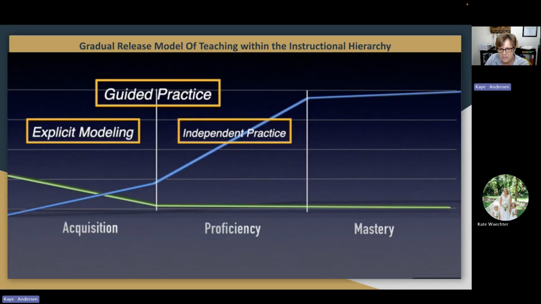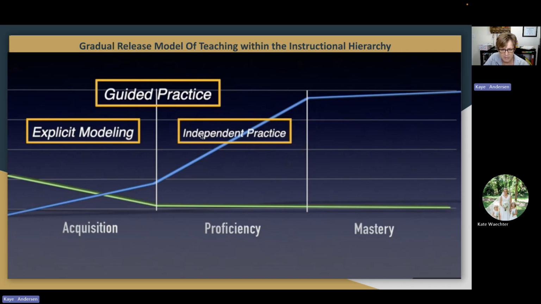This slide shows the way that the guided practice model is superimposed over those 3 areas of math learning. The explicit modeling is where we spend most of our time in that first acquisition area, moving into guided practice where both the student and the teacher are working together.